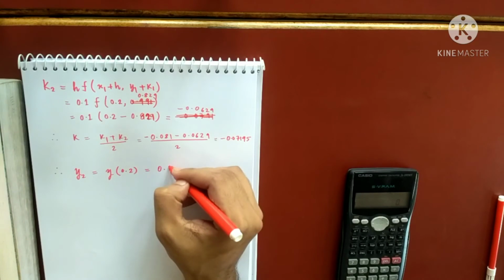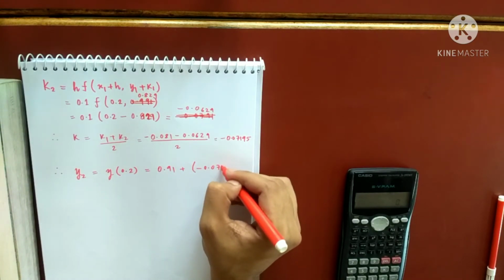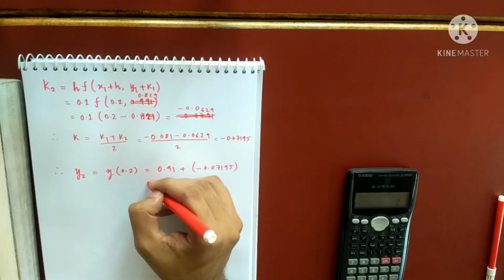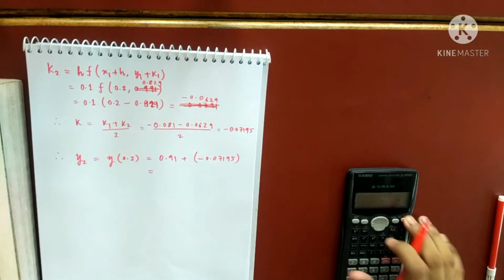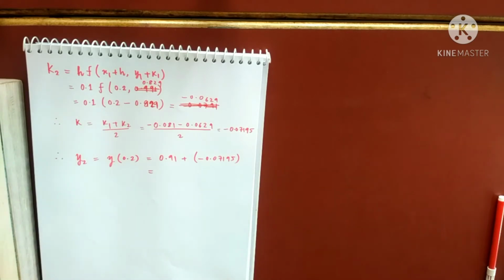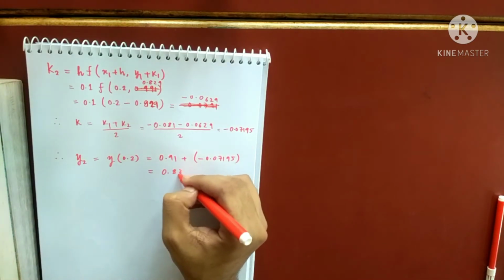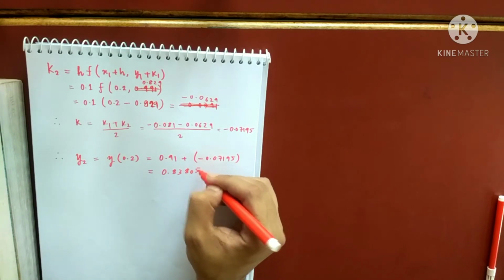So 0.91 plus k, minus 0.07195. So what is the value of y2? 0.91 minus 0.07195, 0.83805.